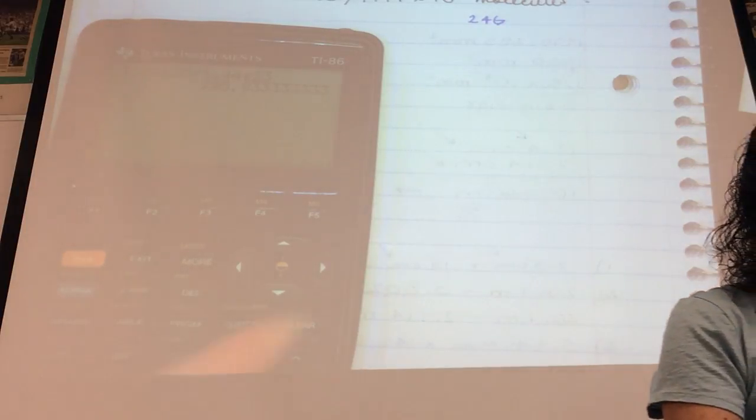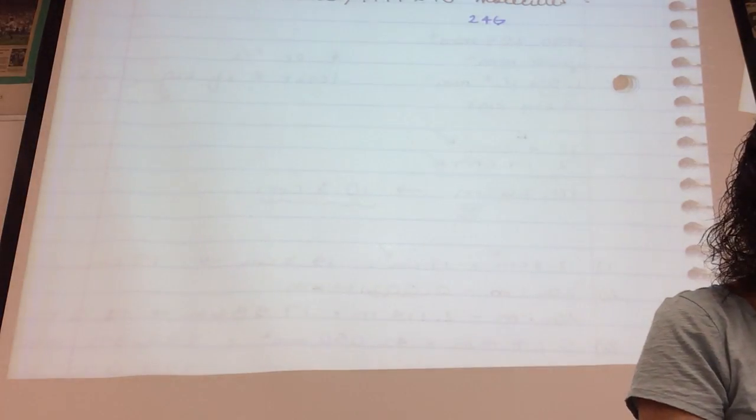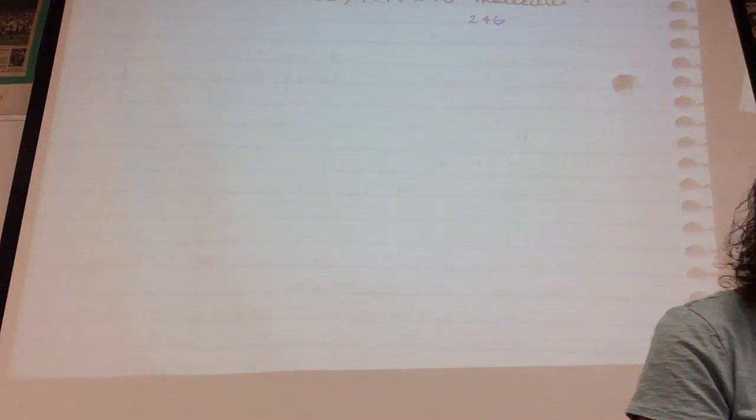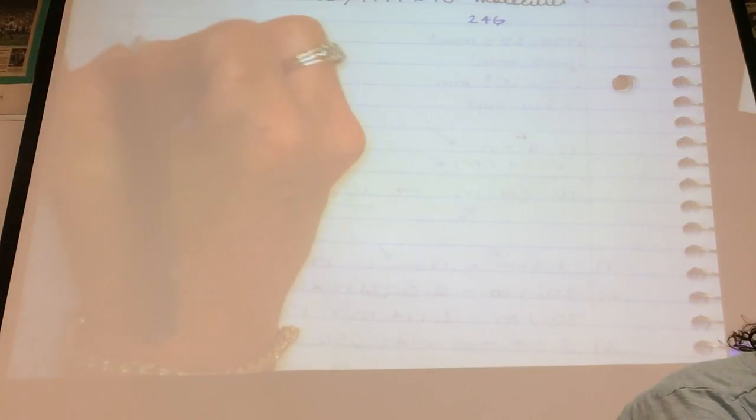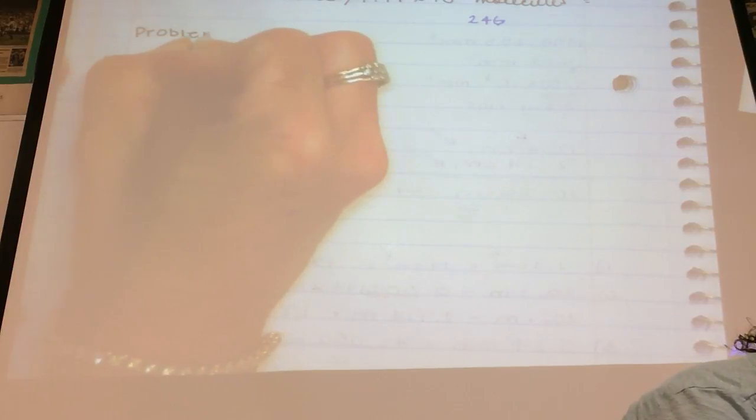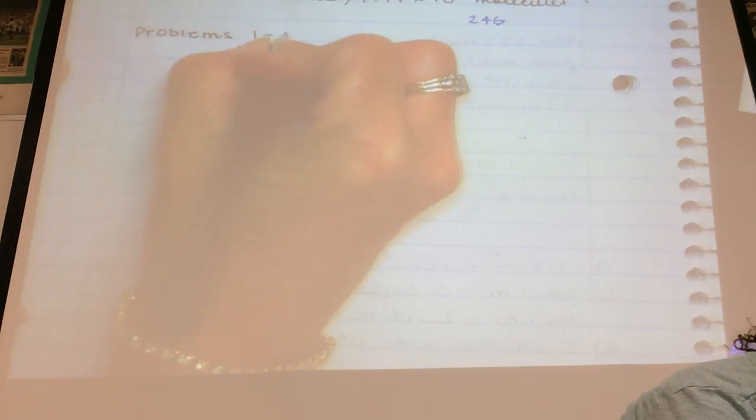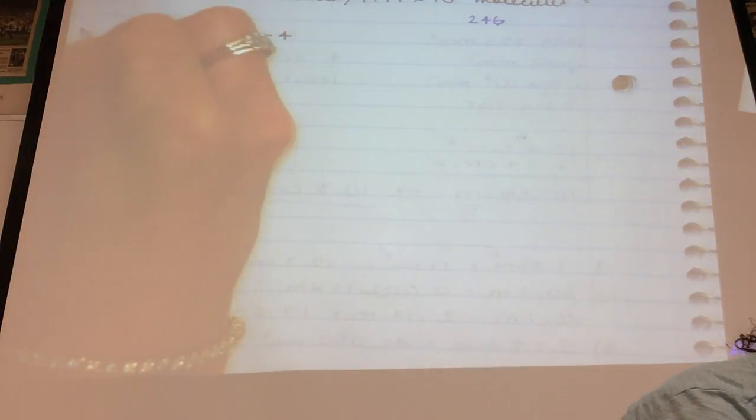What we're going to do in the second half will be as follows. I'm going to ask you in your notes, you'll work in small groups. I'll come around. You want to work through problems 1 through 4, and this is in your notes.